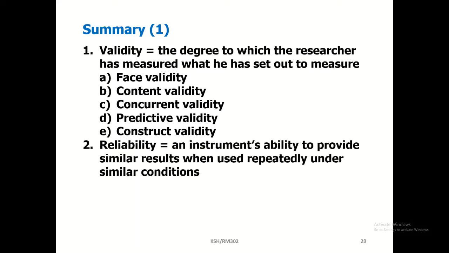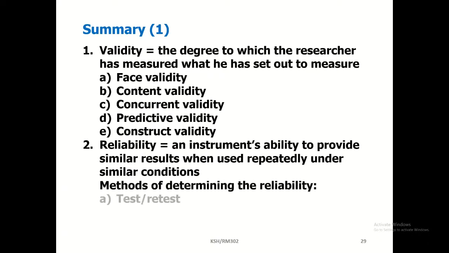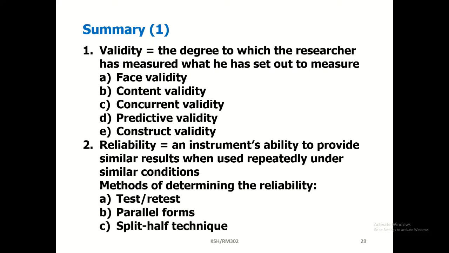Reliability has been discussed too. Reliability is defined as an instrument's ability to provide similar results when used repeatedly under similar conditions. To ensure the reliability of a research instrument, we can use 3 procedures: test-retest, parallel forms, and split-half technique.